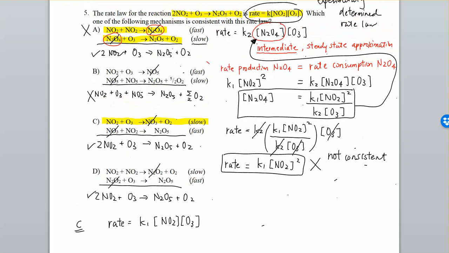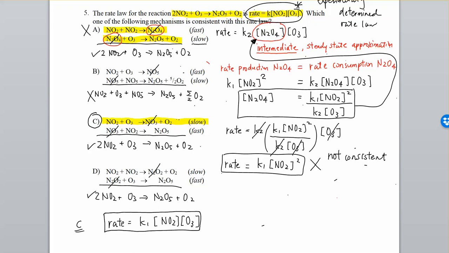We can see that this rate law for the mechanism proposed in C is consistent with the experimentally determined rate law here: rate is equal to k, a rate constant, times concentration of NO2 times O3. Okay, so C is a correct answer.